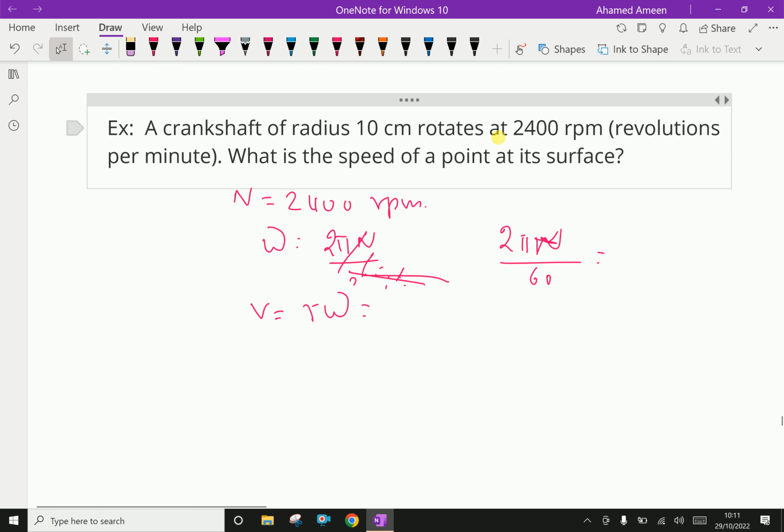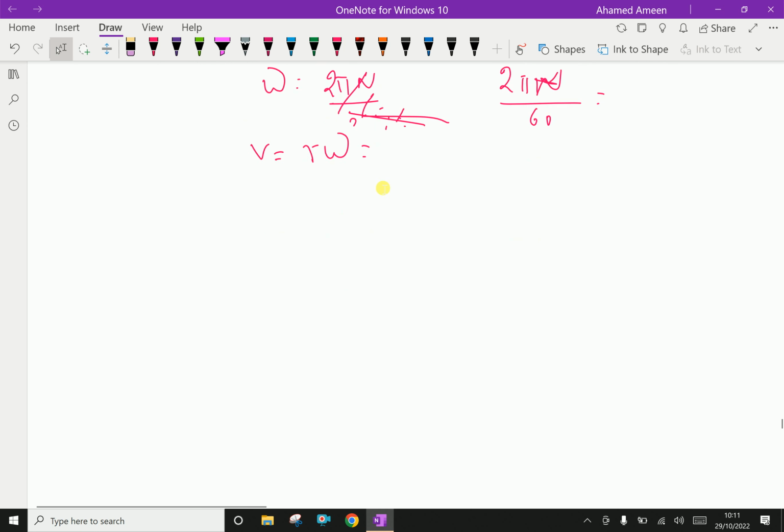Here radius is 10 centimeter, that is 0.1 meter, into omega, which is 2 pi n over 60.